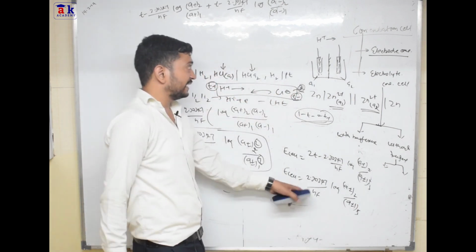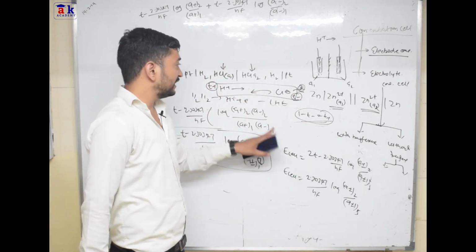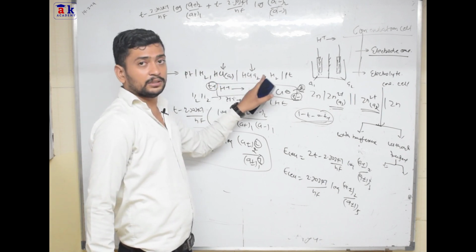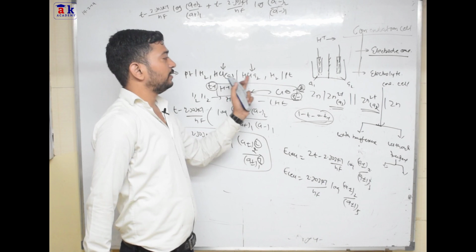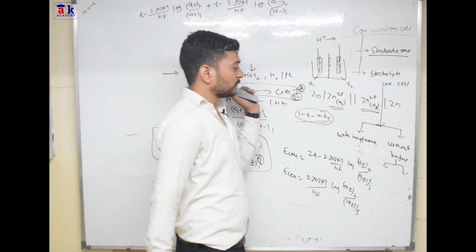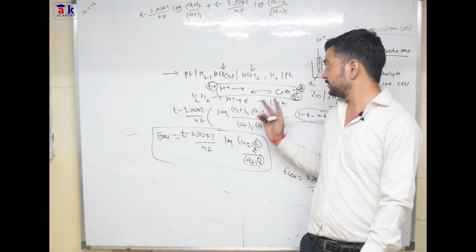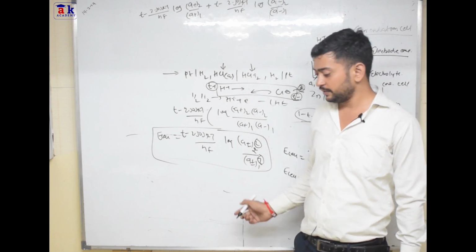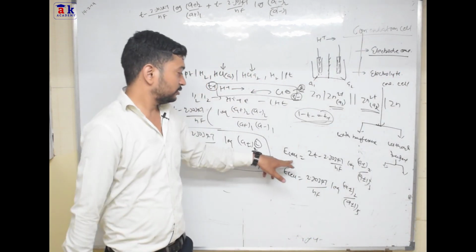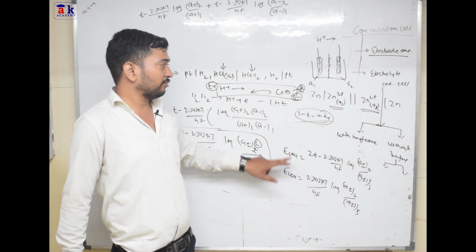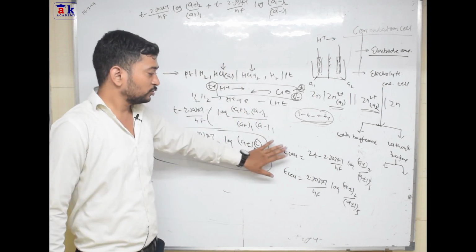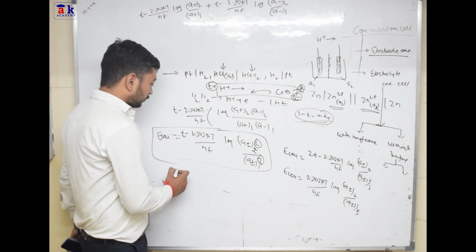This is what we will get if I try to find the EMF of this cell in case of without transference, right? This formula is for with transference, and this formula is for without transference, for the same cell. So we can subtract both of them.